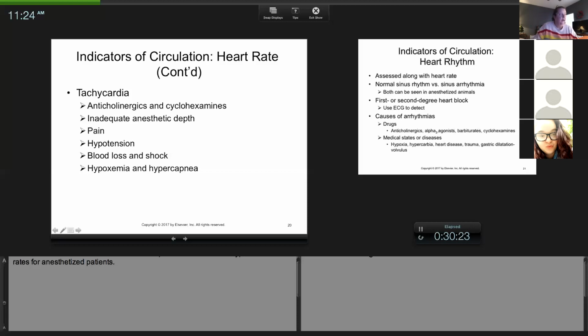But again, the patient was asleep. It had no jaw tone, no blink, no reflexes. Respiration was normal. So nothing about that patient corroborated that the tachycardia was from pain, if that makes sense. Nothing in that scenario pointed in another direction.